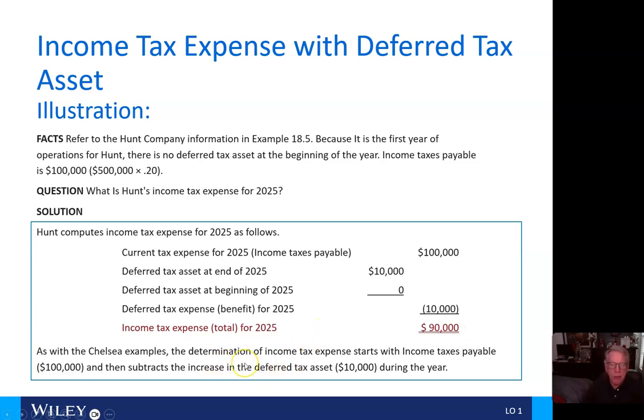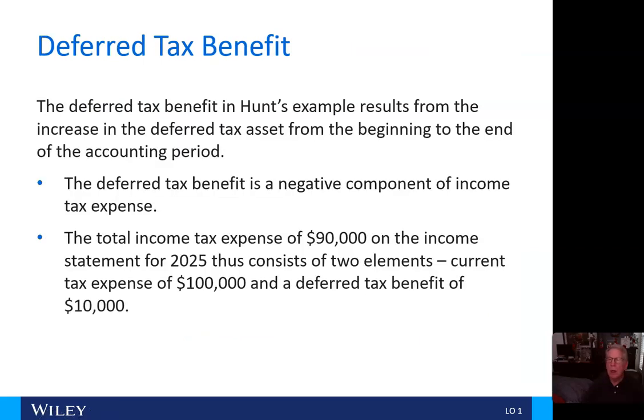The determination of income tax expense starts with income taxes payable, that's the $100,000, and then subtracts the increase in deferred tax asset, $10,000 during the year. Okay, deferred tax benefit. In the Hunt example, that results from an increase in the deferred tax asset from the beginning to the end of the accounting period.